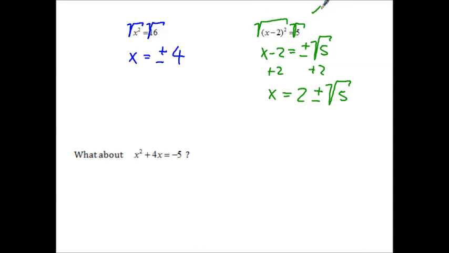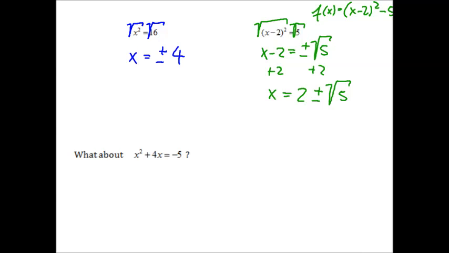And the function, if you move the 5 to the same side as the x, would be f of x is equal to the quantity of x minus 2 squared minus 5. And if you use your calculator to graph that, you will find those two solutions, those two x-intercepts, but they will be irrational numbers.